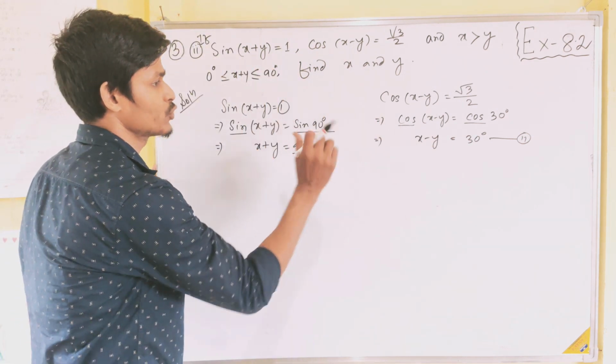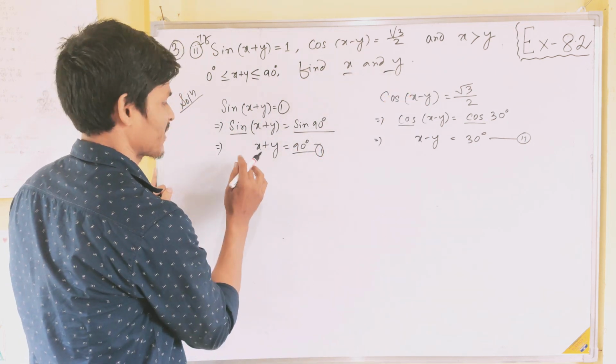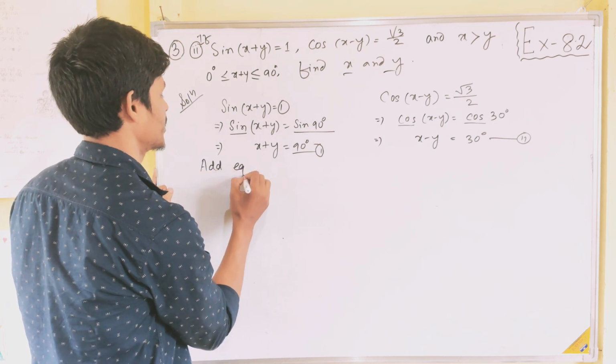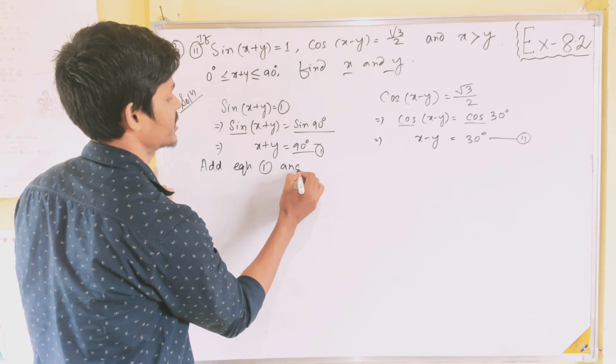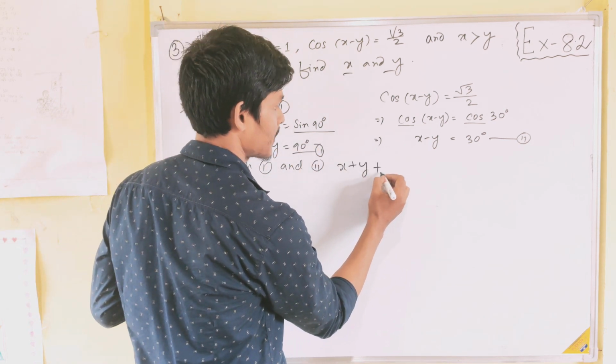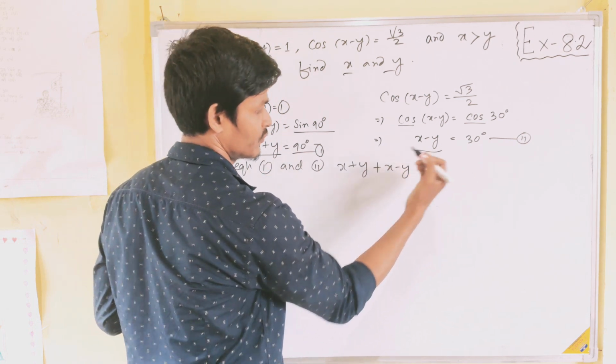Now from these two equations you can easily find the values of x and y. So what should I write? Add equation 1 and 2: x plus y plus x minus y, the left hand side of equation 1 and left hand side of equation 2.